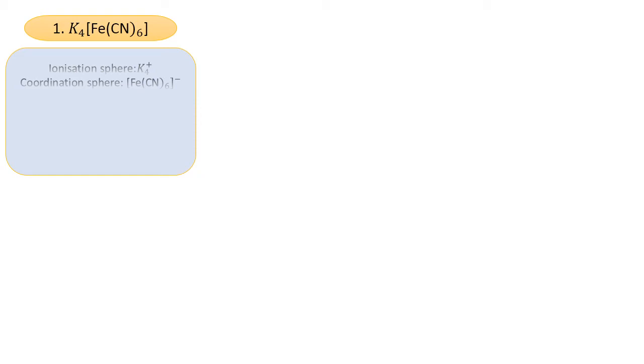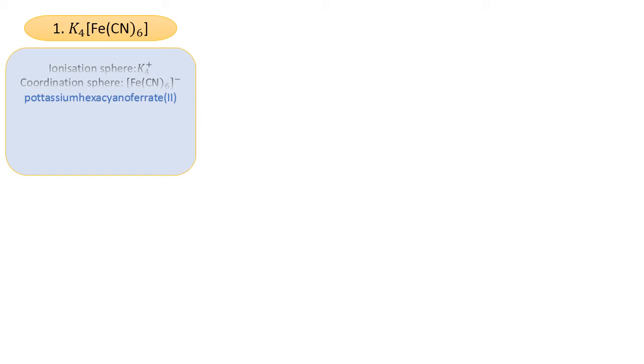As per the rule, writing the name of the cation first and then the name of the anion. Hence, potassium is written first and then the name of the coordination sphere. As per the rule, while writing the name of the coordination sphere, the name of the ligand is written first and then the name of the central metal ion and then the oxidation state of the central metal ion.